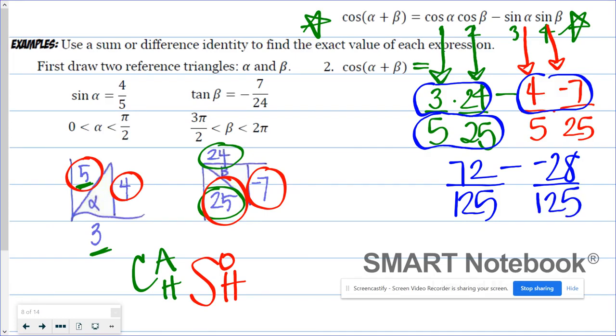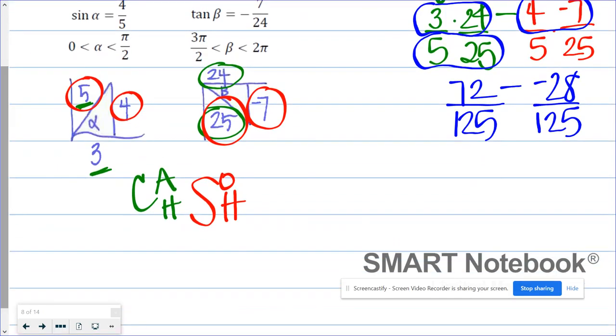Here I can actually subtract these two fractions. I ultimately am adding them together when you think about it, because I'm going 72 minus -28. So I end up with 100/125. And if you want, you can reduce this to 4/5.